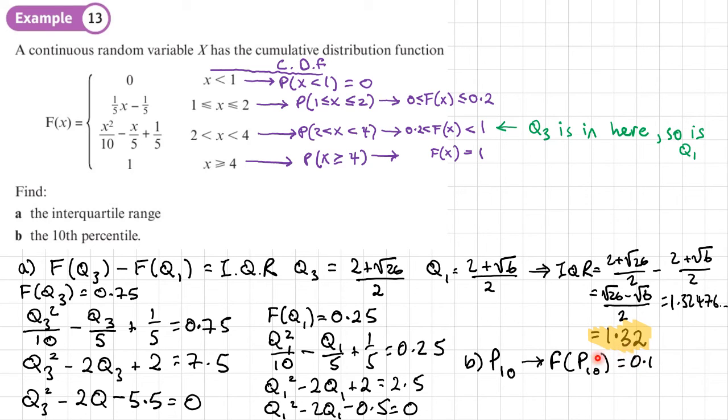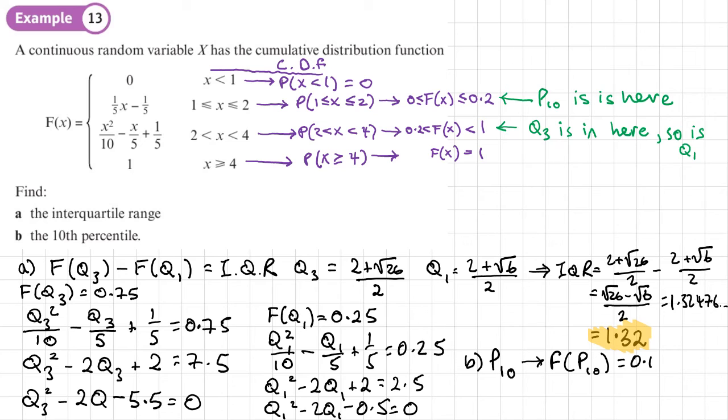So where am I going to find a CDF of 0.1? Well, it's not in this row, it's going to be the top row. So I need to use this part of the piecewise function to find the value of x that's going to give me a CDF of 0.1. So P10 is in here.